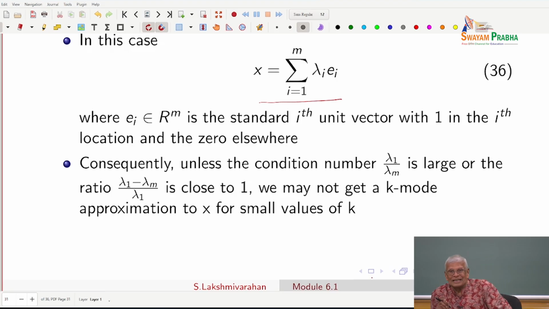I want you to understand these are the cases where I may not be able to find a value of k smaller than m. So what does it say? Unless the condition number is large or the ratio is close to 1, we may not be able to get the k mode approximation to x for small values of k.